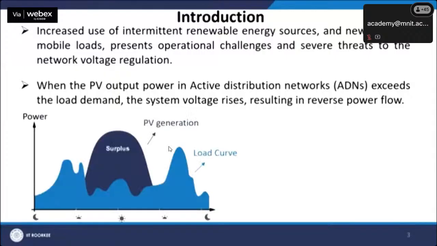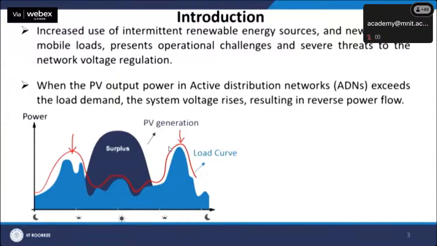Now, if you focus on the standard load curve, the blue color load curve, ideally we experience two different peaks in a day, as you can see at this point as well as this point. One could be your morning peak and the other your evening peak.